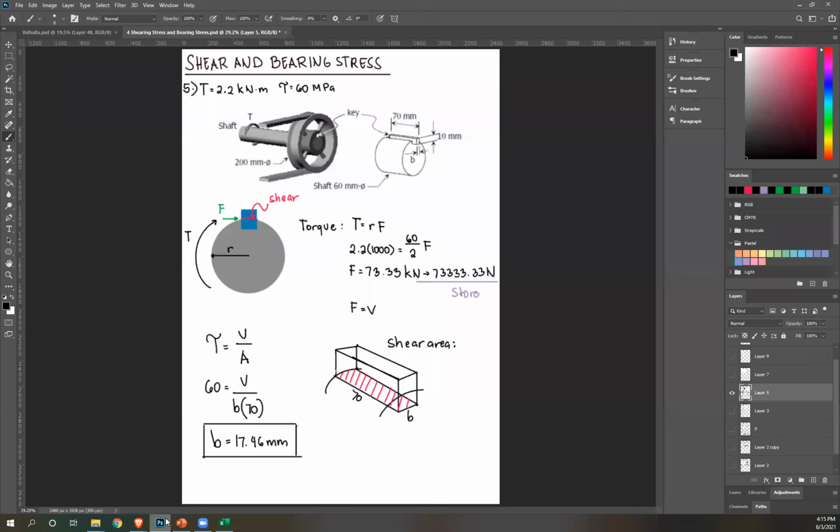So this is where we'll end shear and bearing stress. So before I dismiss you, we have a few announcements. On Saturday, you're going to have your seat work number 1. Your seat work number 1 will be available from 12:01 a.m., and the soft deadline for this is 12 midnight.